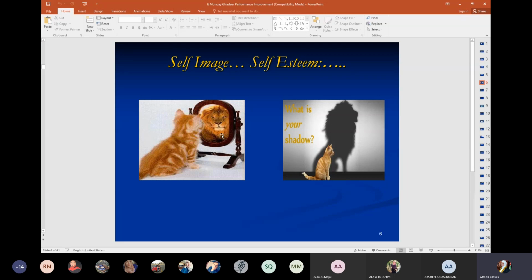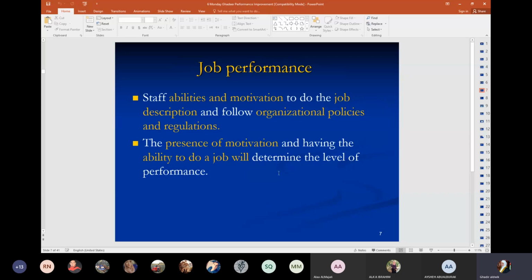But the opposite is overestimating, when the cat looks at itself in the mirror and sees itself like a lion. In management and performance, we call it overestimating or over-evaluation, and both of them are biased in evaluation. So how your shadow is reflected by yourself and by others is very important, to balance and compare between them to find the differences.